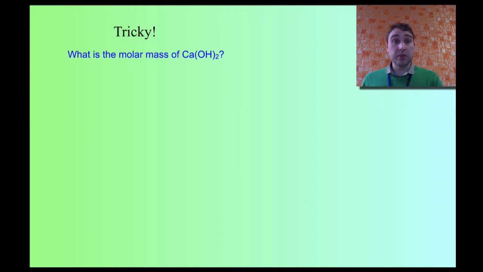So this one's a little bit more tricky. It says, what is the molar mass of calcium hydroxide? The tricky bit here is remembering that the 2 behind the bracket means you have 2 of whatever is inside the bracket. So our molar mass of calcium hydroxide is going to be equal to molar mass of calcium. So we're going to find that on our periodic table.